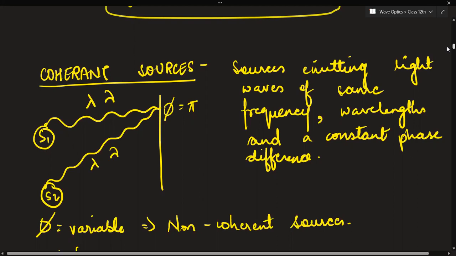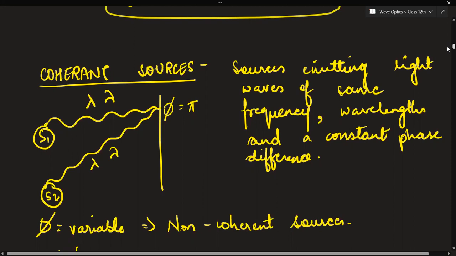All right. Now, phase difference shouldn't be zero is not a necessary condition. When I say constant phase difference, that does not mean it is zero. It means if it is zero, it will remain zero throughout. If it is some other value, it remains at that value.